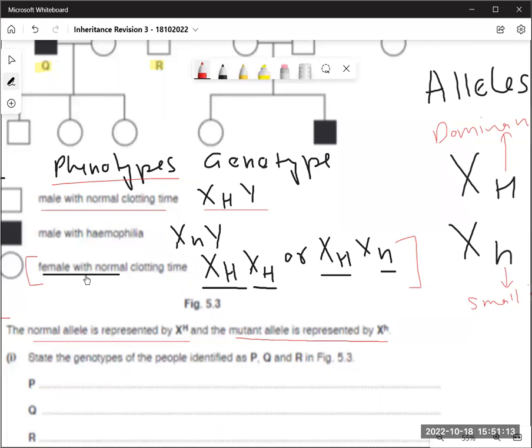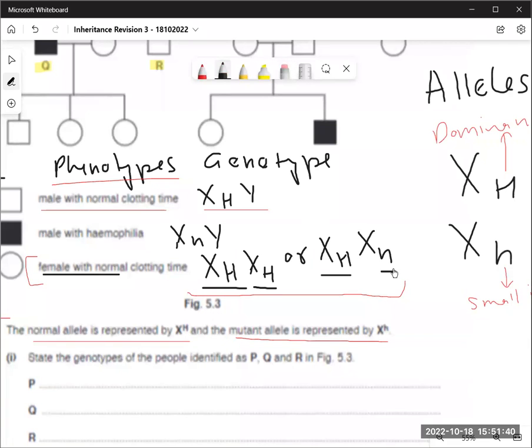Female with normal clotting time, X capital H, X capital H, or X capital H and X small h. So this part, Rashid, read it again from here. Yeah, sir. X capital H, X capital H, or X capital H and X small h.